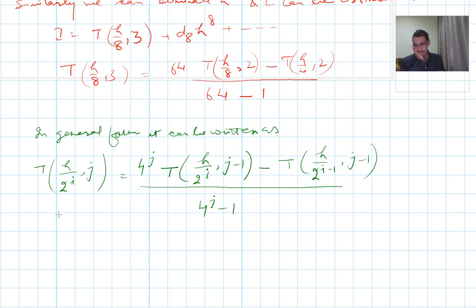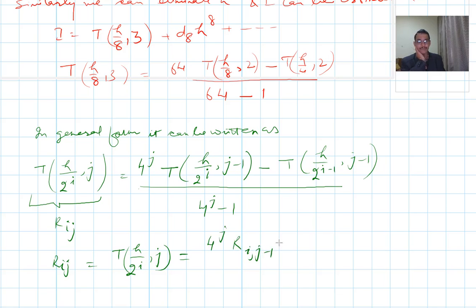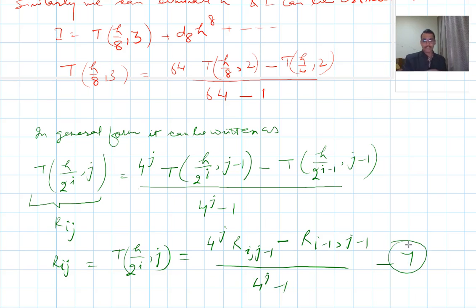Let us call this part, in the more simplified form, Rij. Then Rij can be written as T(h/2^i, j), which is equal to (4 raised to power j times R(i, j minus 1) minus R(i minus 1, j minus 1)) divided by (4 raised to power j minus 1). So this is the required formula, and let us call this equation number 7.